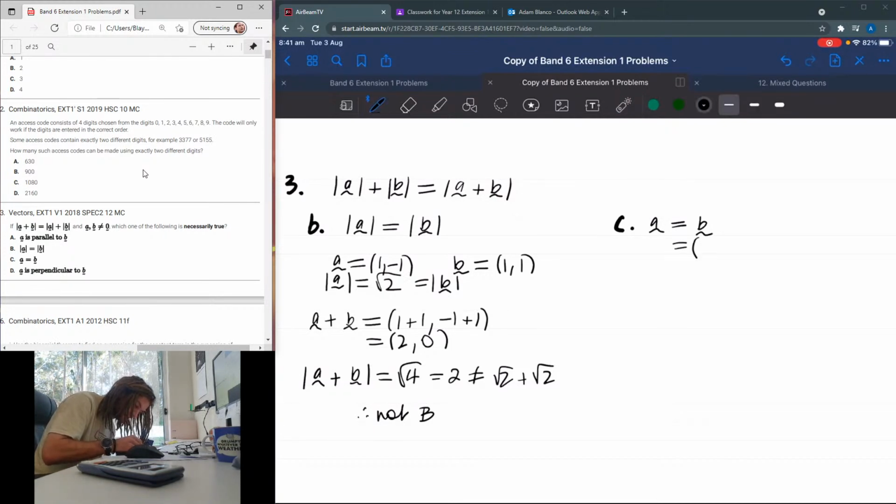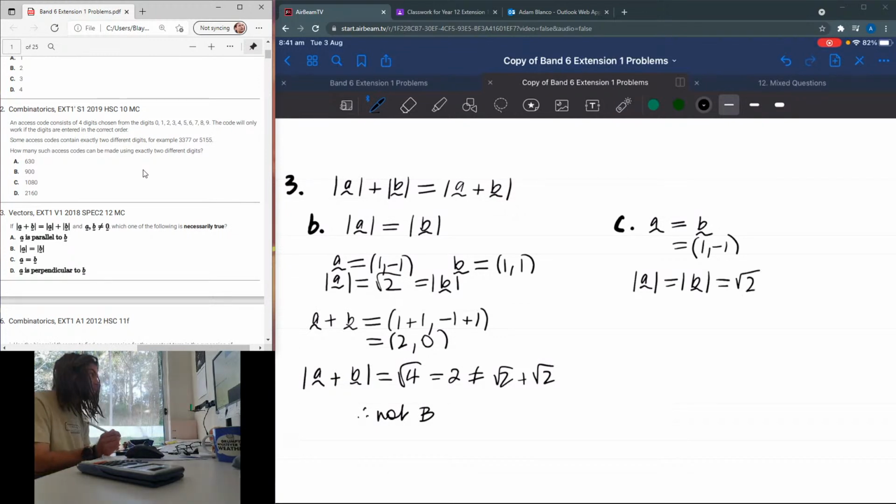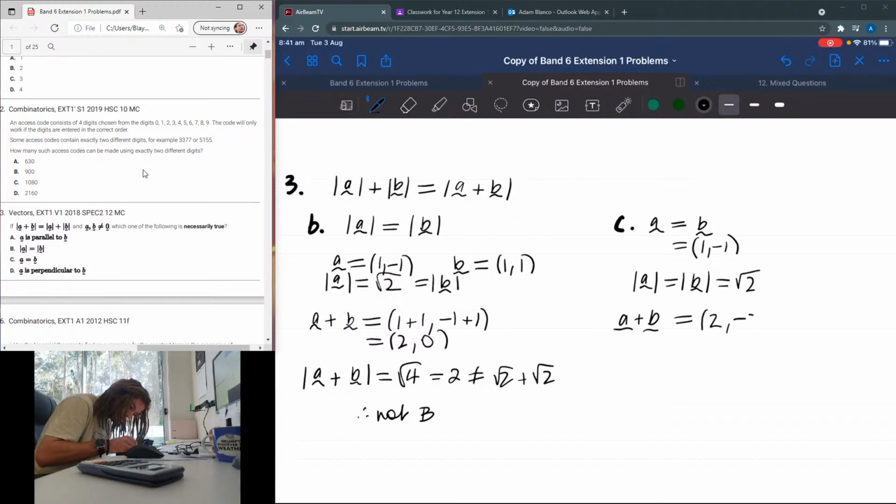So let's just make these equal to 1, minus 1. And then let's disprove this again. So the modulus of A equals the modulus of B, which is, again, root 2. Then what do I do? So A plus B is just 1 plus 1, which is 2, minus 2.